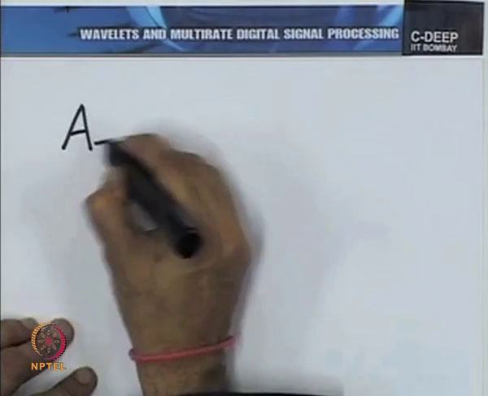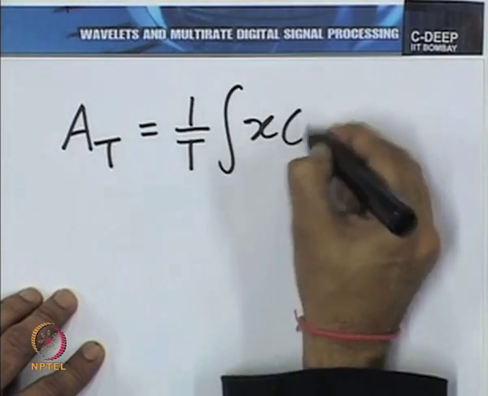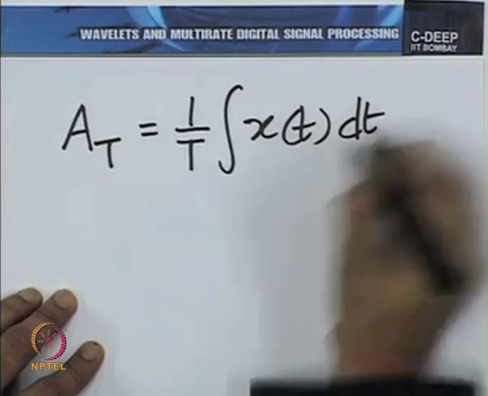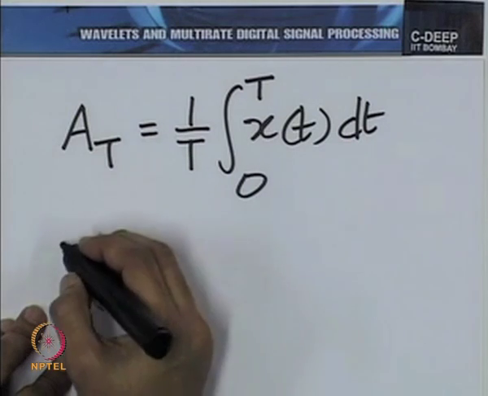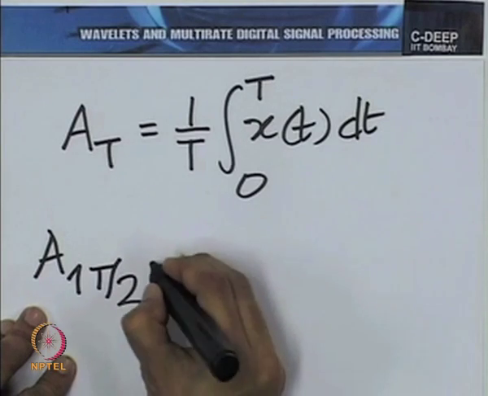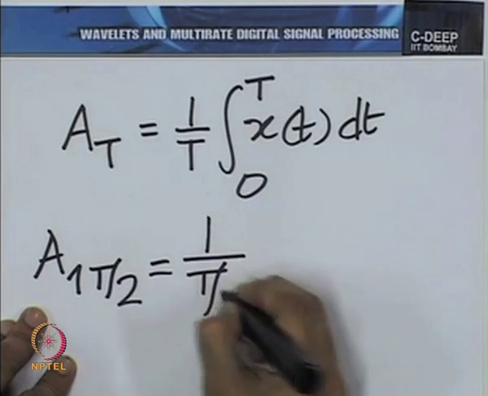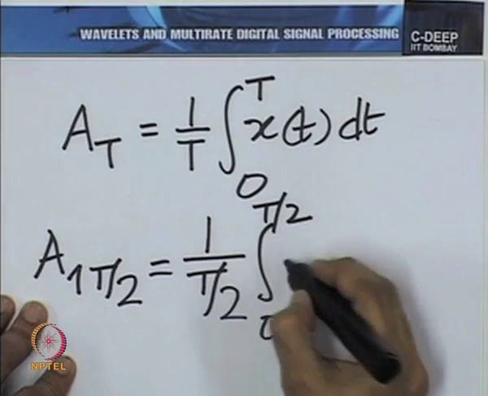A t is obviously 1 by t integral x of t dt from 0 to t. A1 t by 2 is 1 by t by 2 integral from 0 to t by 2 x of t dt.